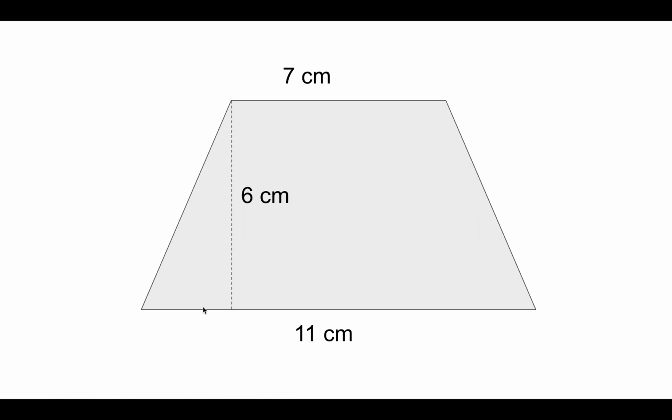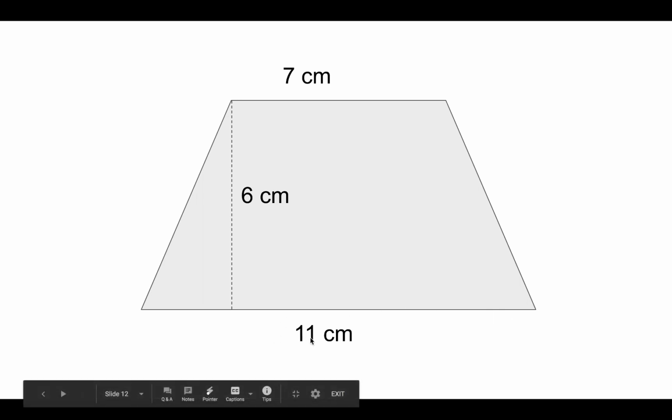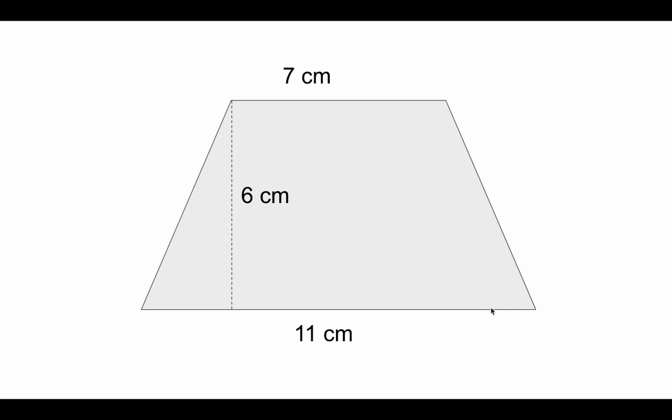So I could say that there's 2 centimeters on the side and 2 centimeters on the side. If it's not centered, and I say there's 1 centimeter on this side and 3 centimeters on this side, if I add all my pieces together, it will give me the same answer. So as long as this is being split up in such a way that it does equal 11, it doesn't matter how I choose to separate them.